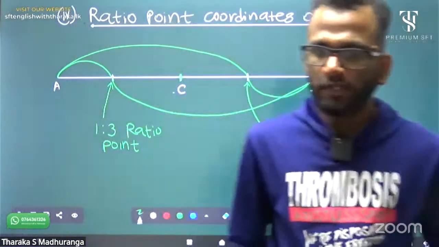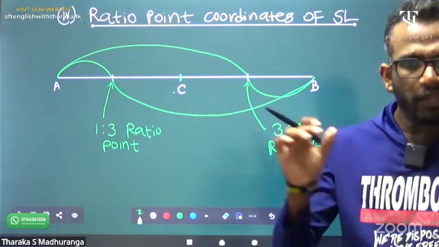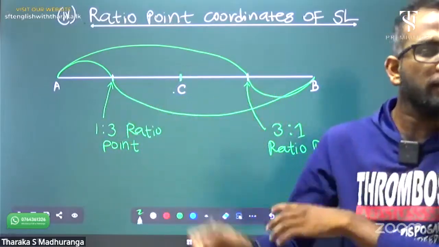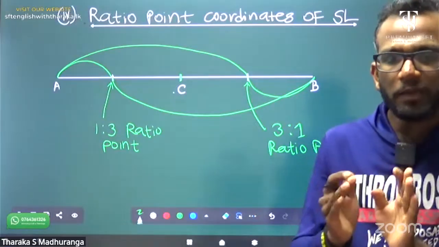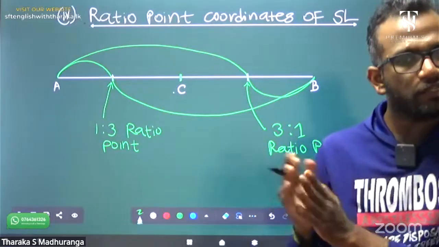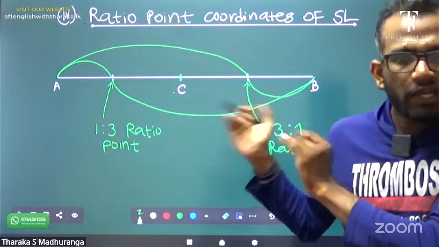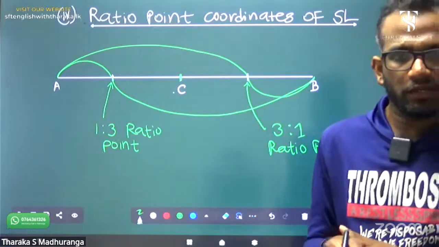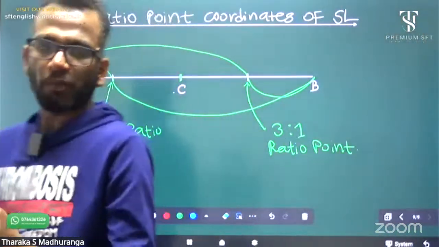If we cut any straight line into 4 identical parts, the cutting points are the ratio points. The first cutting point we call the 1 to 3 ratio point, and the final cutting point we call the 3 to 1 ratio point. Understood? We have only 2 ratio points.